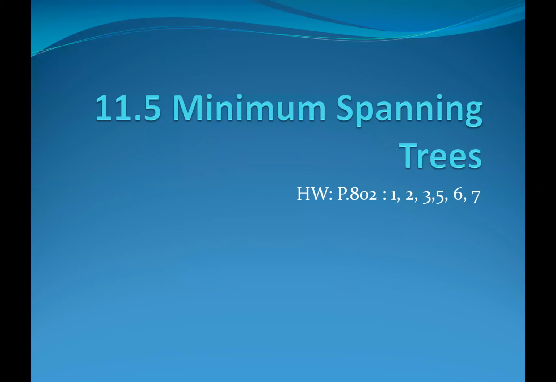But the shortest path only focuses on a graph, meaning it could have circuits. When you talk about a tree, you only focus on a graph without any circuits. So now we try to find the smallest tree possible. That's what section 11.5 is about. Here are a few homework problems you can try out.